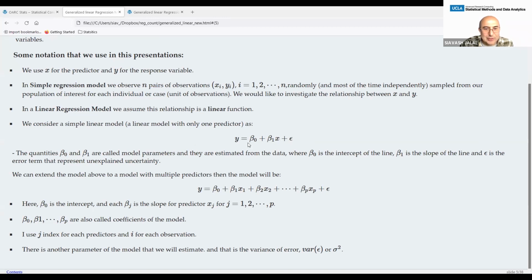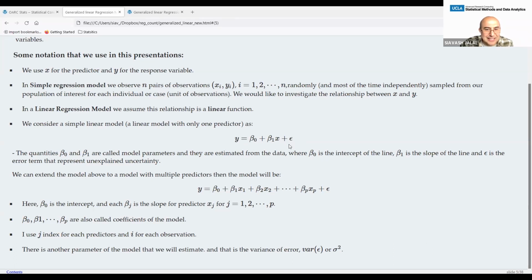So y is equal to beta 0, the intercept of the line, plus beta 1, the slope of the line, times x, which is the predictor, plus some error part, which is uncertainty, or a statistical part that makes the model not deterministic, right?